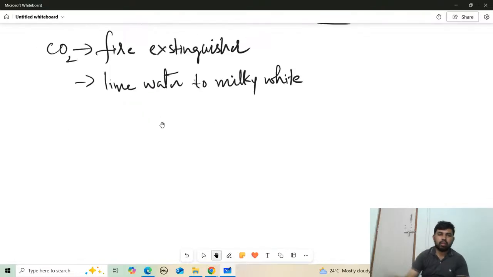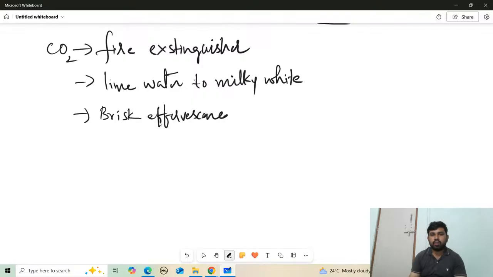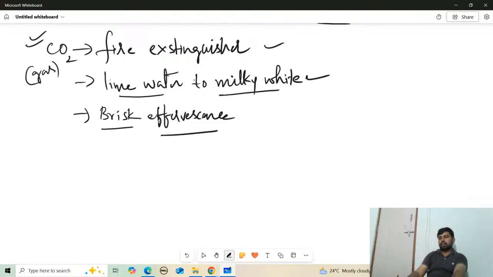Along with that, carbon dioxide produces brisk effervescence. These are the points where we can answer questions like: which gas is used as a fire extinguisher, which turns lime water into milky white, which produces brisk effervescence. This is what we discussed.